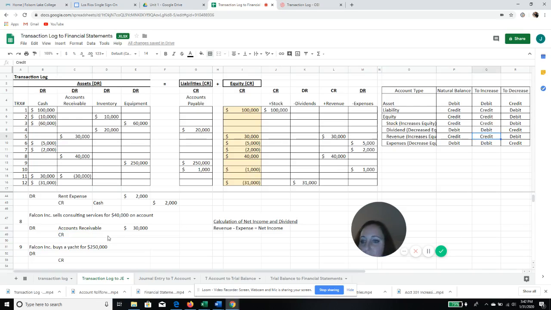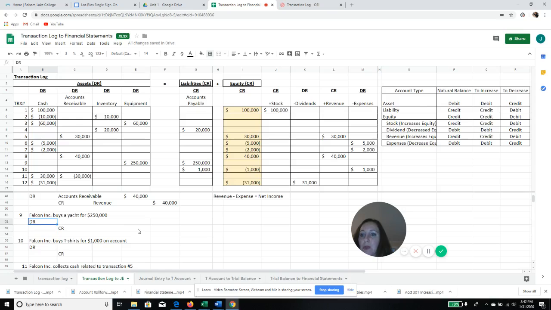We increase revenue with a credit. So I'll put revenue down here, and it should be 40,000, not 30,000. If I made that mistake, I would catch it, because when I check to make sure my debits equal my credits, I would see that they don't, and I'd say, oh, that's right, this should be 40,000. Easily fixed.